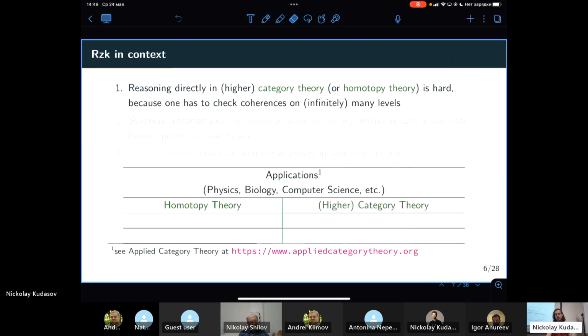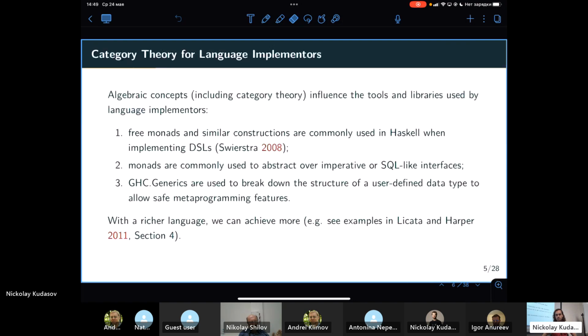Just for clarification, could you please repeat once again what generics in the Glasgow Haskell Compiler are? So generics in the Glasgow Haskell Compiler are a way for a user-defined type to have a sort of standardized generic representation, which is basically a special representation of the type that allows you to write generic code.